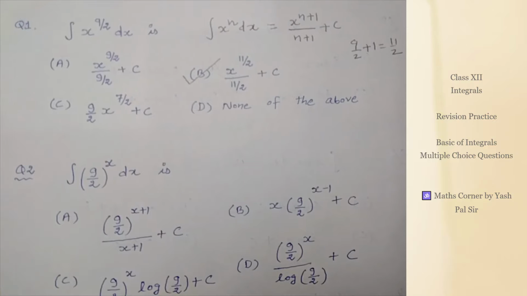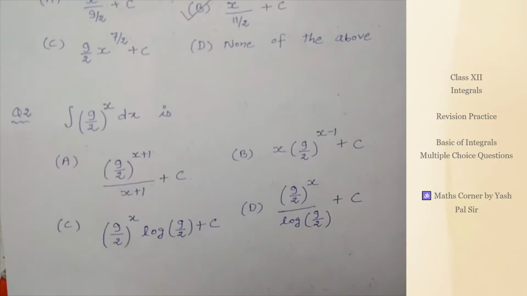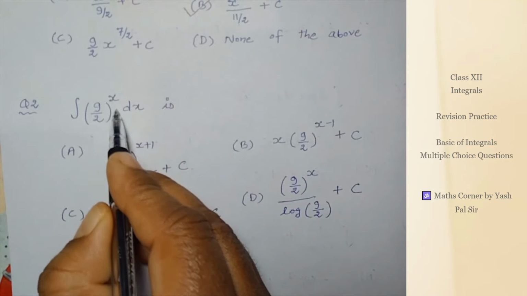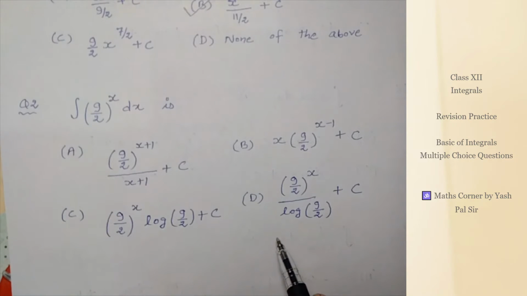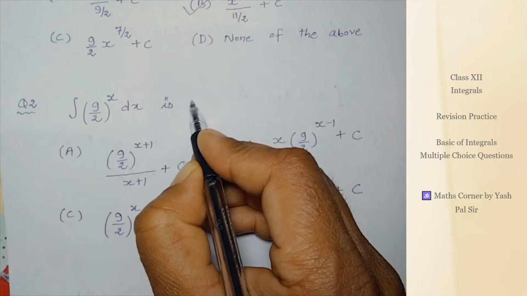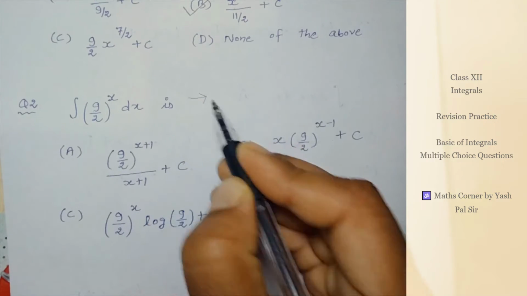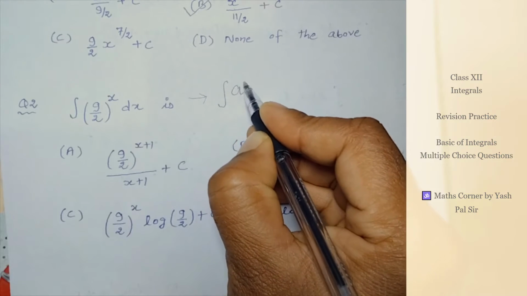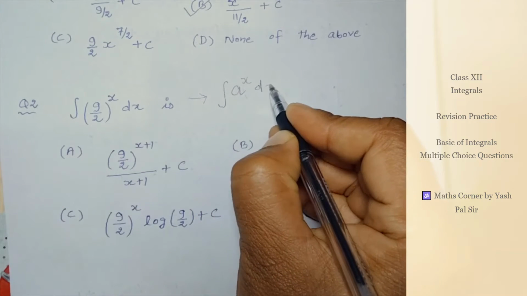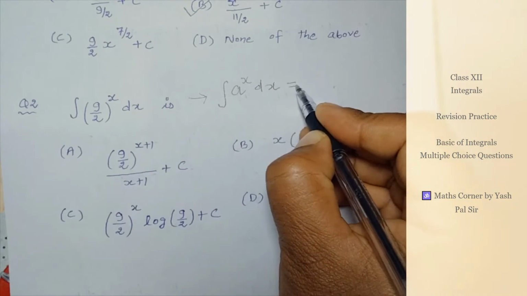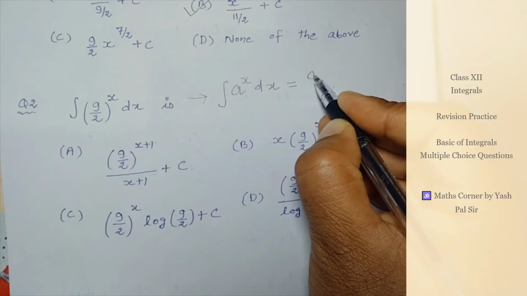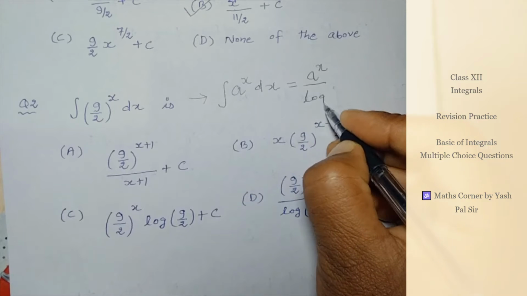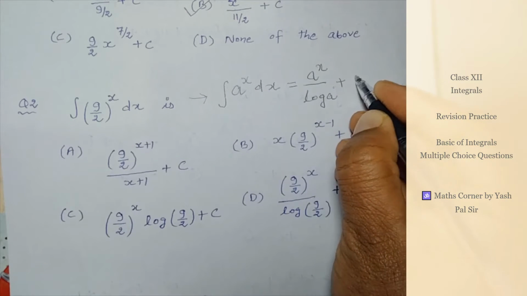Now coming to the next question, integration of 9 upon 2 whole raised to power x dx. Again we compare the question with the formula: integration of a raised to power x dx is equal to a raised to power x divided by log of a, plus c.